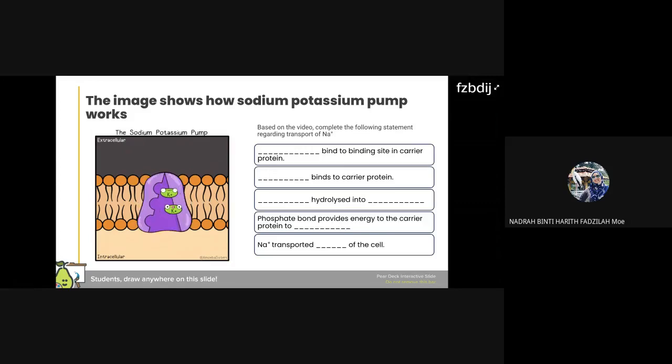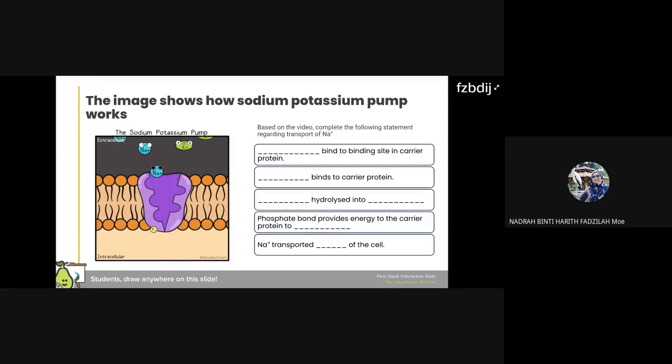Bagus. Okey, kita mula dengan 3 sodium ions bind to the binding site in the carrier protein. Lepas sodium ion bind, siapa yang bind? Bukan Na+, apa dia? Nampak tak circle warna orange tu? Itu yang bind to carrier protein.